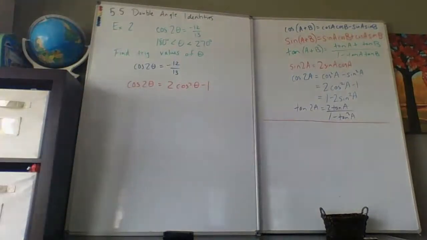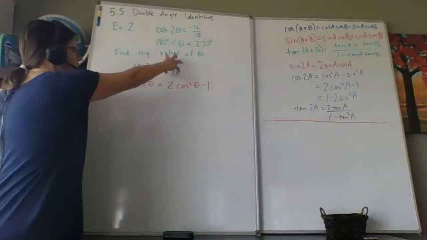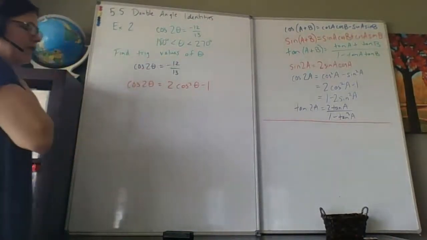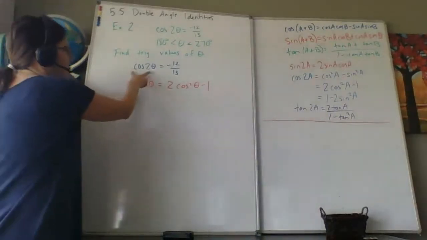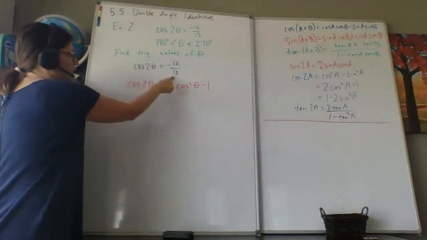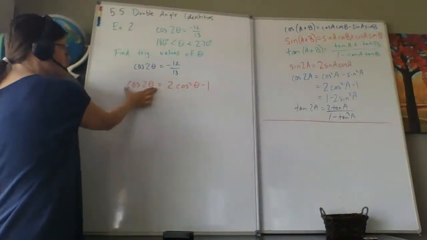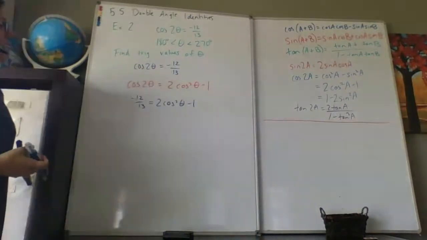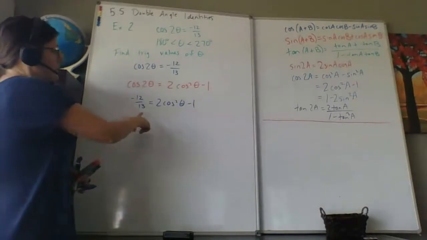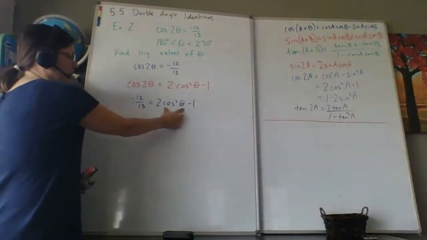So now I need to figure out, where does this negative 12/13 fit in? Pause if you'd like. Well, since it's telling me that cosine of 2 theta is negative 12/13, I can replace cosine of 2 theta with negative 12/13. Now I am able to solve for cosine of theta.